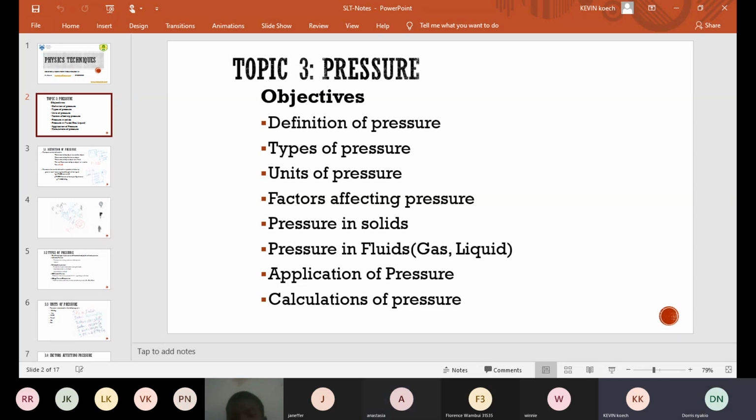Another one, pressure in fluids, which is liquid or in gaseous state. We have application of pressure. And the last one, we do simple calculations relating to pressure. Calculation of pressure.